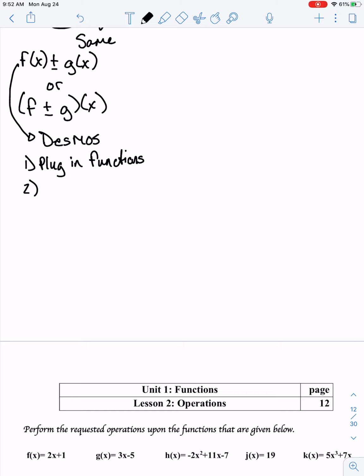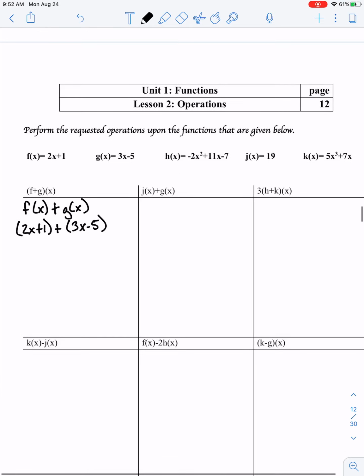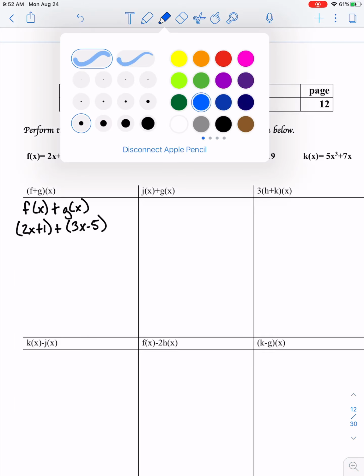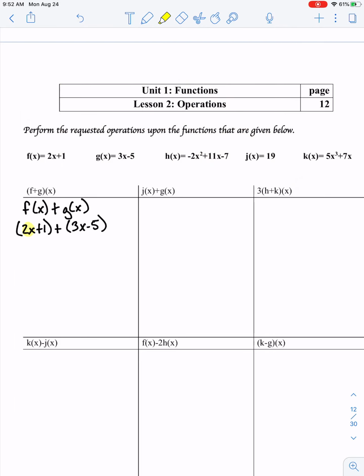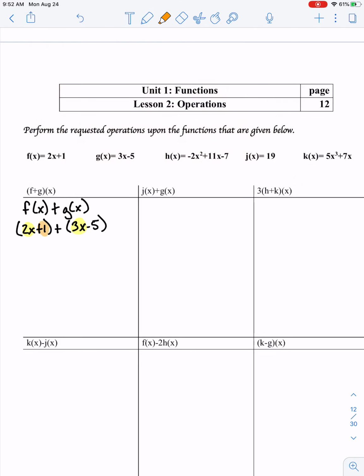After you plug in your function, very simple, you combine like terms or simplify. So I have a 2x, so I have an x term on the left, an x term on the right, a positive 1, a negative 5.